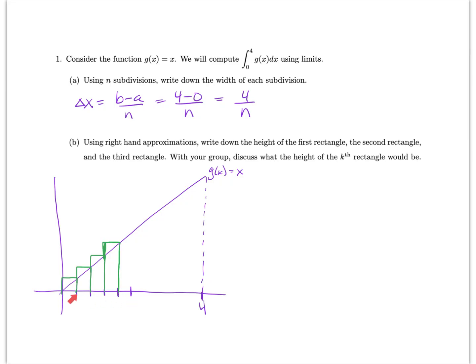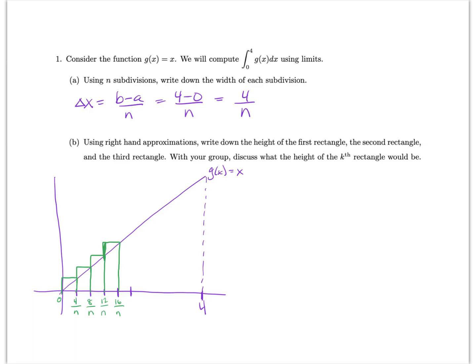So I know that the width is 4 over n. So if I'm starting at 0, then this first tick mark is 4 over n. And then my next tick mark is going to be 4 over n plus 4 over n, which is 8 over n, and then 12 over n, and then 16 over n, right? So my step size is 4 over n.